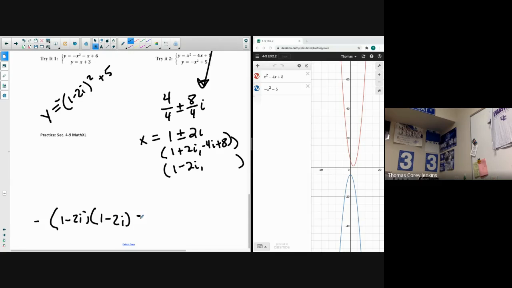So that'd be 1 minus 2i minus 2i plus 4i squared. So then you have 1 minus 4 is negative 3 minus 4i. Then you have your negative, distribute that, so that gives you 3 plus 4i. So that's going to give you 8 plus 4i. Okay, so you got 8 plus 4i and 8 minus 4i.